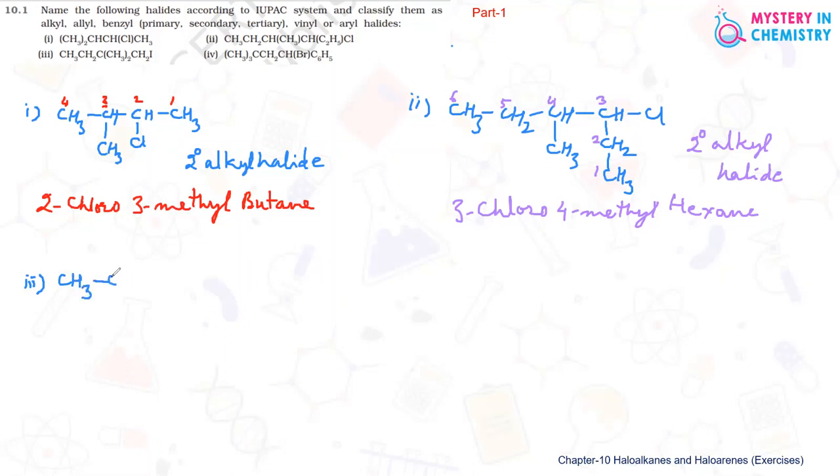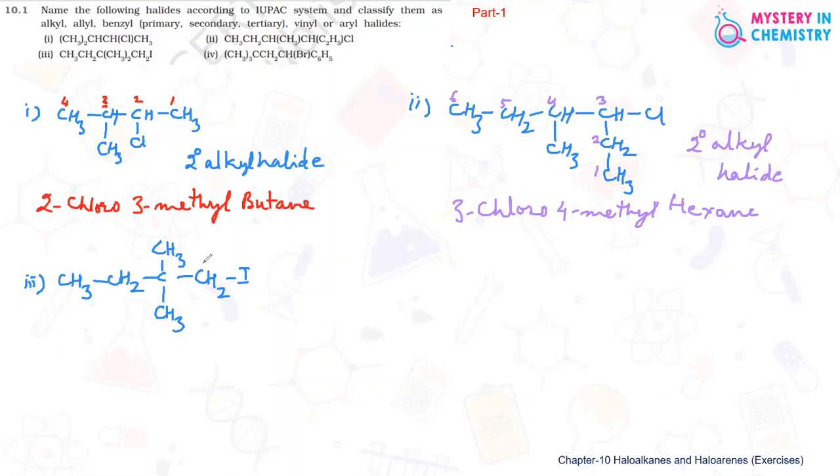CH3, CH2, and then one carbon which is attached to one methyl group, and two more methyl groups are attached to it, and after that one CH2 should be here, and then the iodide group. So here when numbering it, again we have to take care of one thing, that the carbon which is containing halogen should get the least number.